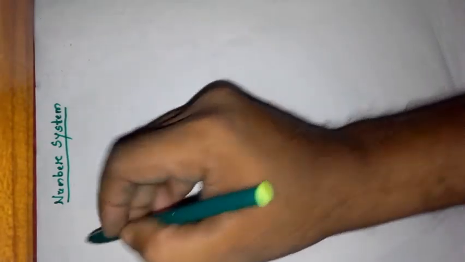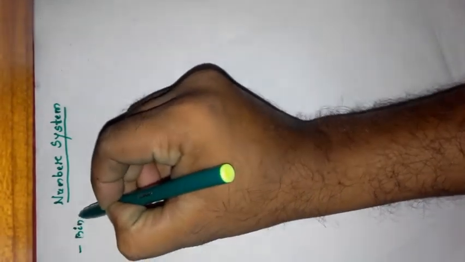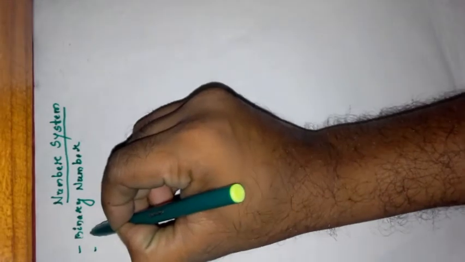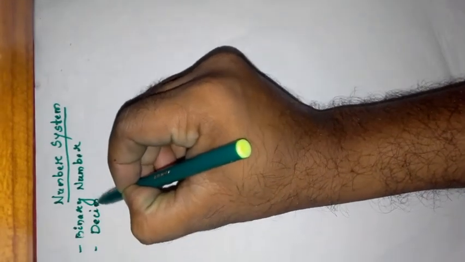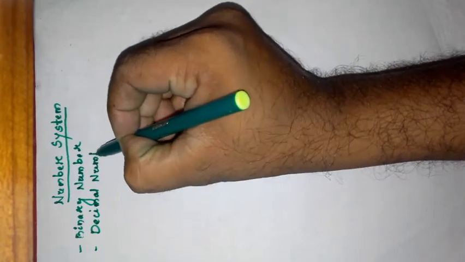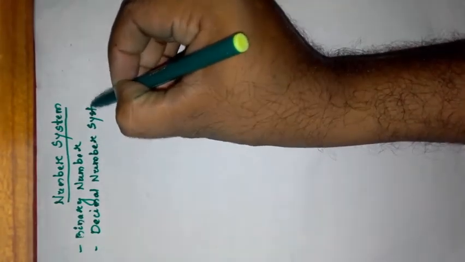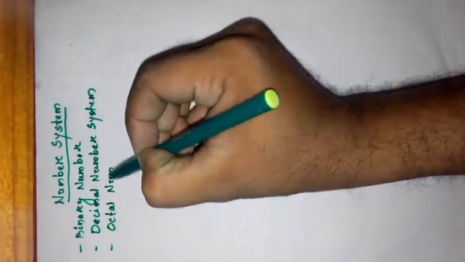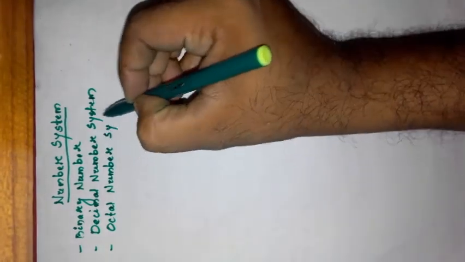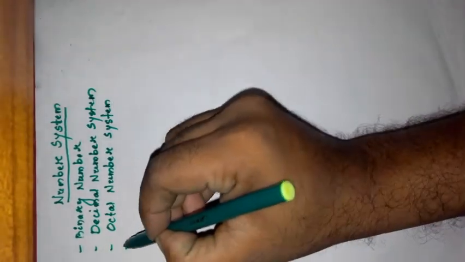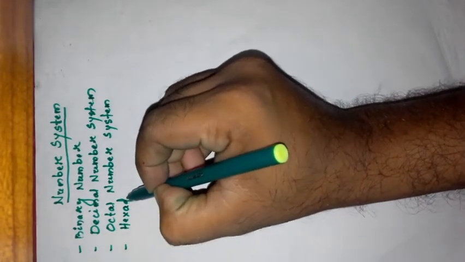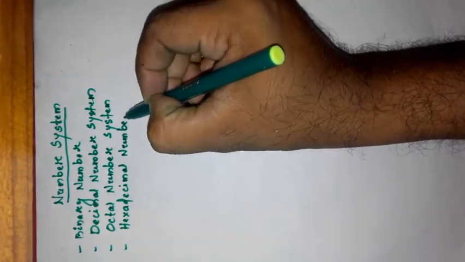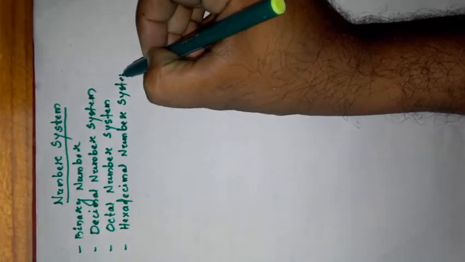Actually, number system consists of binary number system, then decimal number system, then octal number system, and last hexadecimal number system.